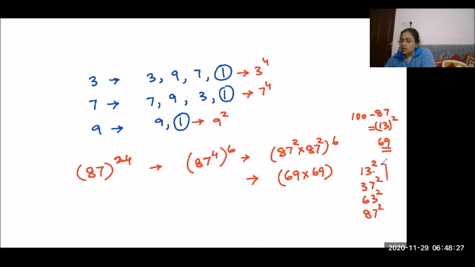So all these numbers, the last two digits will be 69. Okay, 69 into 69 to the power 6 will be, say, 61. This will be 50. 69 minus 50 will be 19. 19 squared is 361. 361, the last two digits is 61.